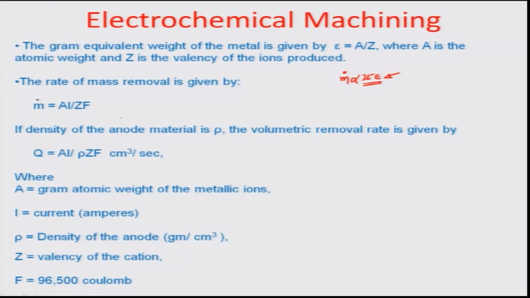We can call this by putting a very interesting term here, which is the Faraday constant, and we assume this movement of material as moles. You know that 1 mole is 6.023 times 10 to the power of 23 atoms or species or ions or whatever it gets dissolved.